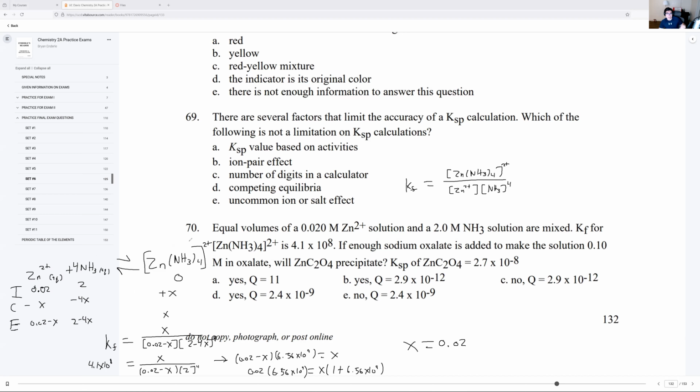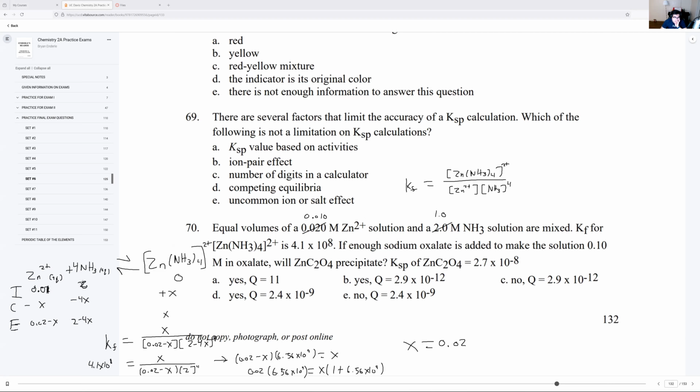I mean, does that really change that much? So the thing I missed here is it says equal volumes. I thought they were already mixed. My bad. So if these are equal volumes, when you mix them, the volumes are going to get halved. But I think it's still going to end up being the same. So you would divide both molarities by 2.